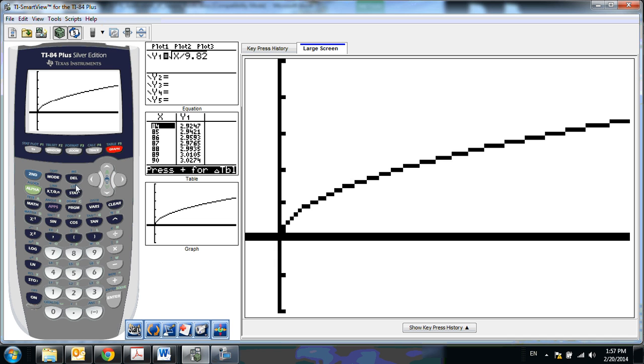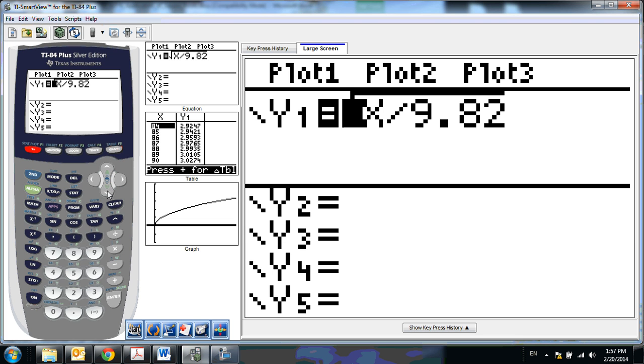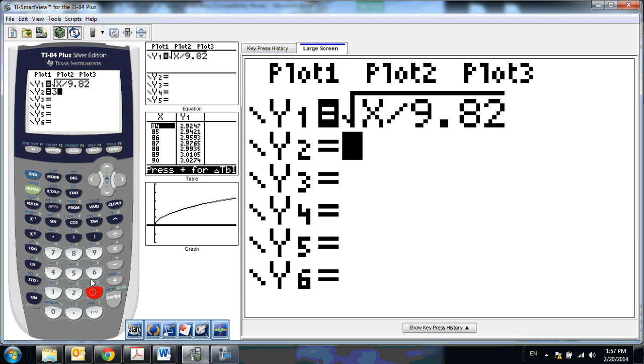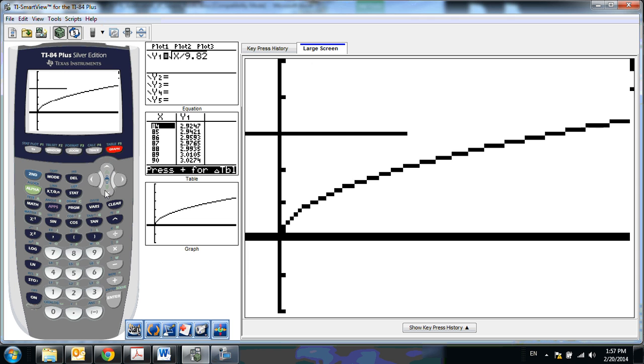All right, so there's a picture of my graph. What y value are we interested in? 3. So go into your y equals, and you can add in a horizontal line for y is equal to 3. Everyone okay with that? Will you please sketch a version of this graph on your paper?